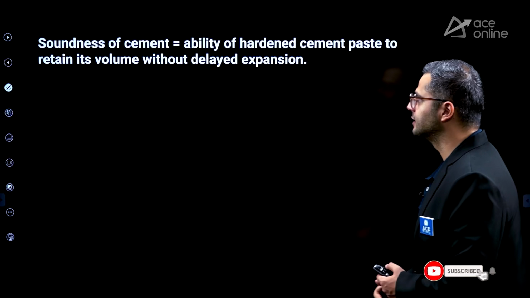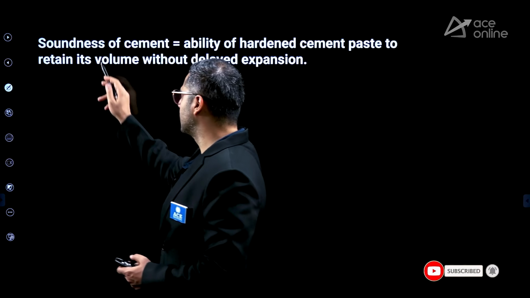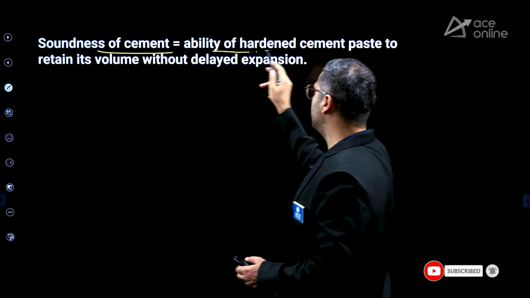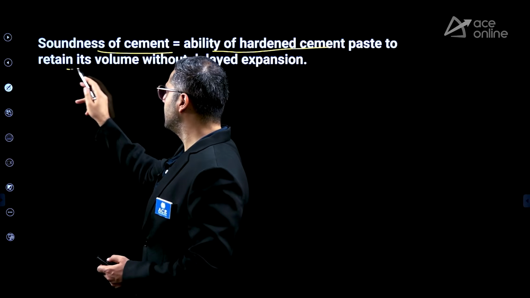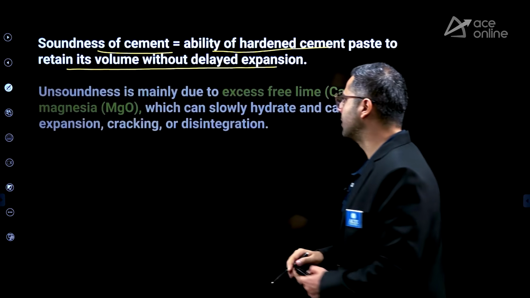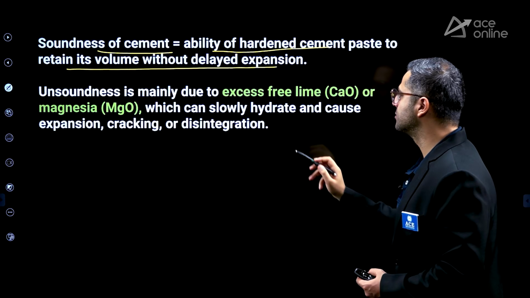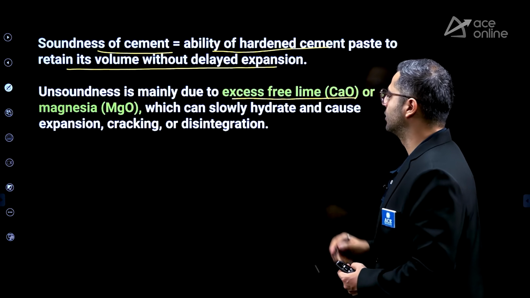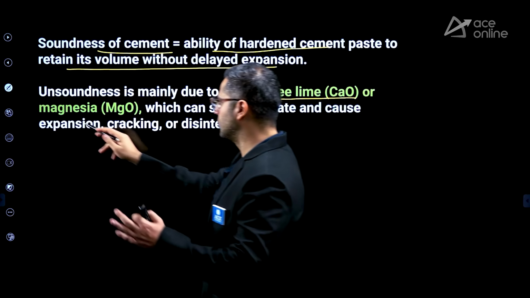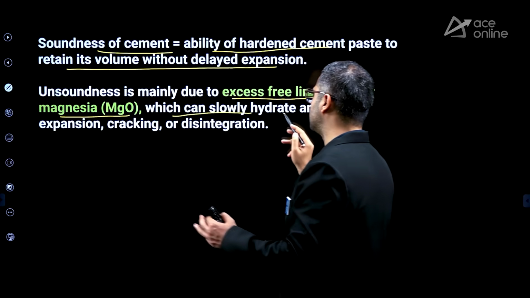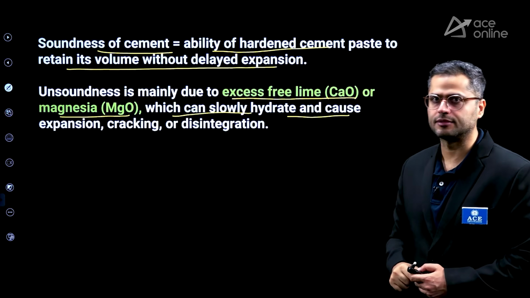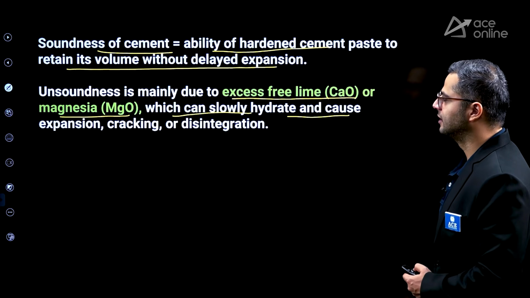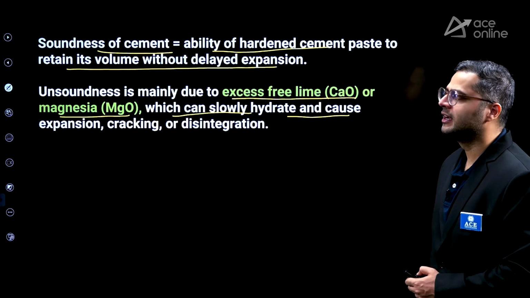Now in this you can say that the soundness of cement is actually the ability of the hardened cement paste to retain its volume without delayed expansion. And the unsoundness is mainly due to what? Excess of lime and magnesia, as told you previously as well, which can slowly hydrate and cause expansion, cracking, and disintegration of cement in the concrete, right?